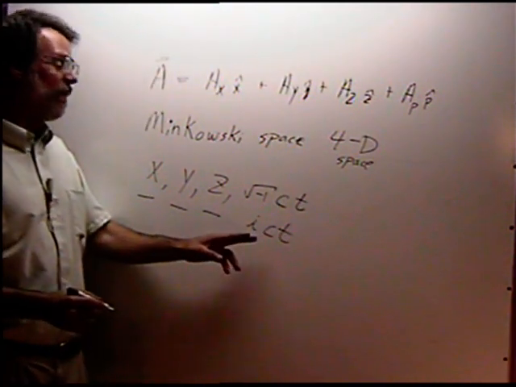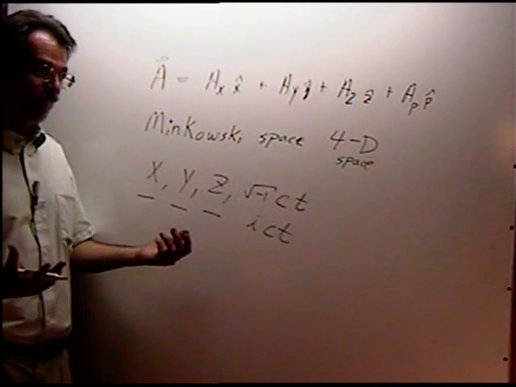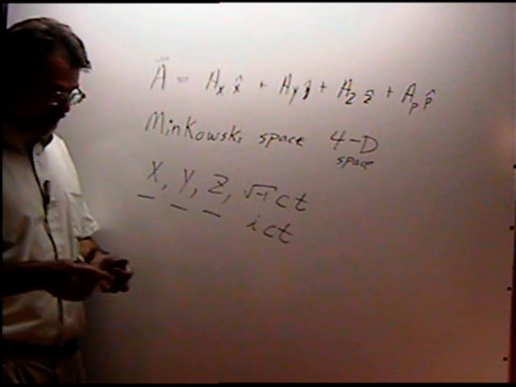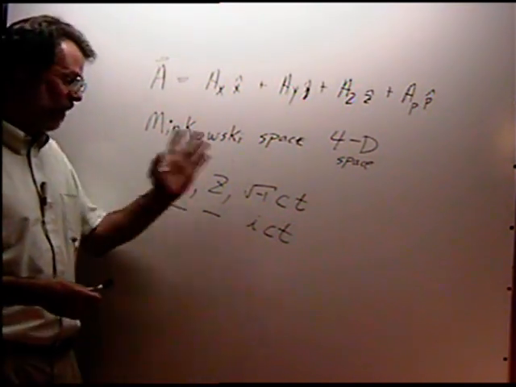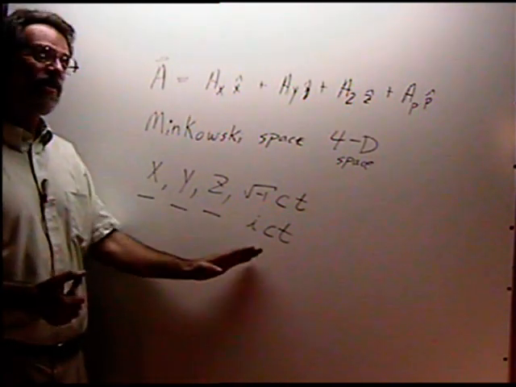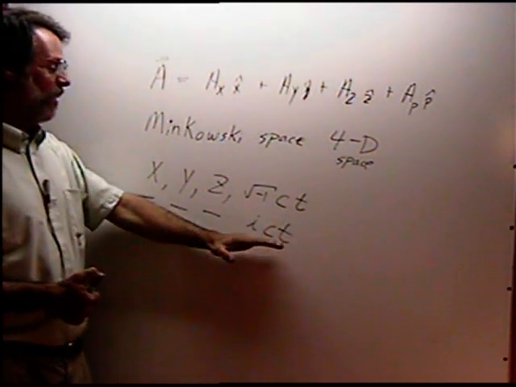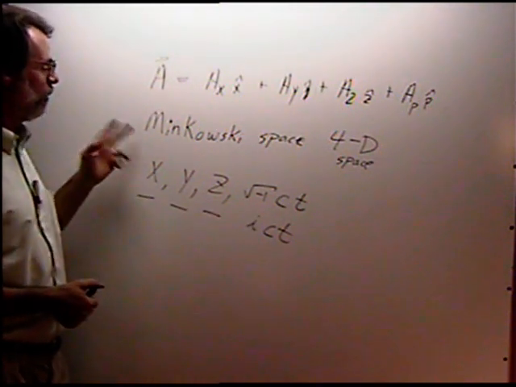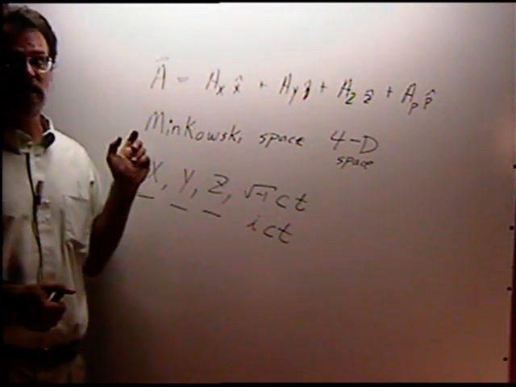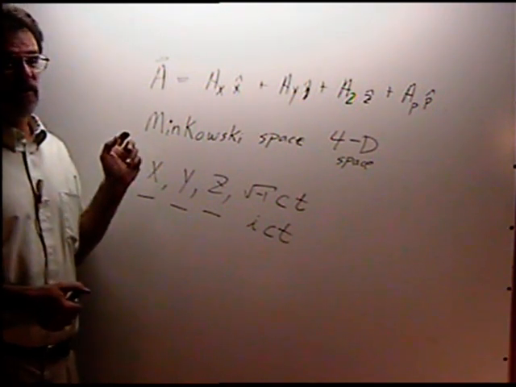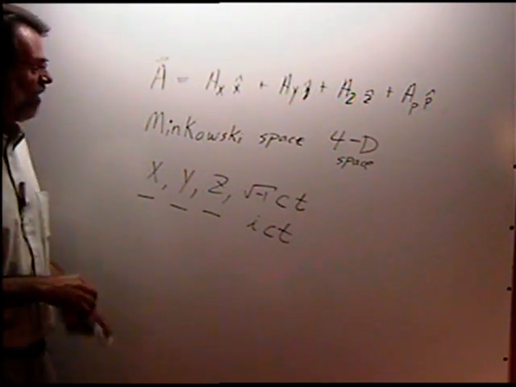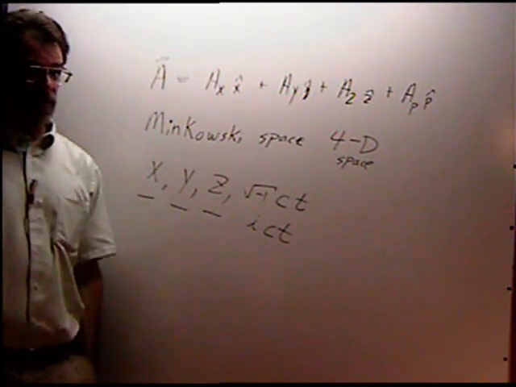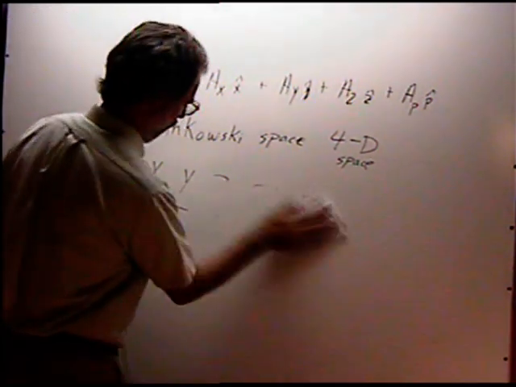So actually, Minkowski space is complex; in other words, it uses complex numbers. The mathematics is way beyond what we're doing here, but this is just to give you an idea that physicists do talk about multi-dimensional spaces. The first one to really do that was Minkowski, and it's used in relativity all the time. Since then, they've developed higher dimensional spaces for things like string theory, but that's way beyond this discussion.